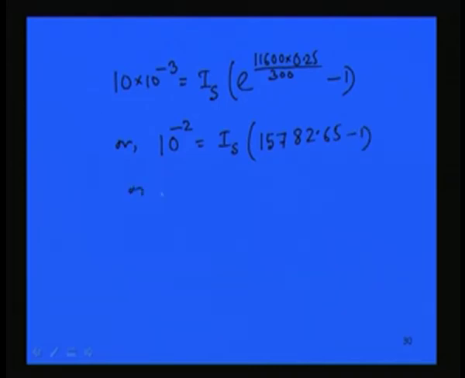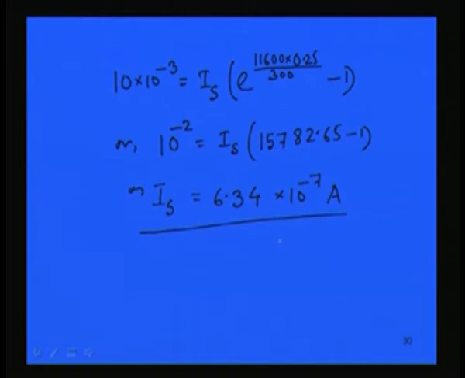So, now we can find out Is. Is will be equal to 6.34 into 10 to the power minus 7 amperes. So, this is the reverse saturation current flowing, or it is 0.634 microampere.